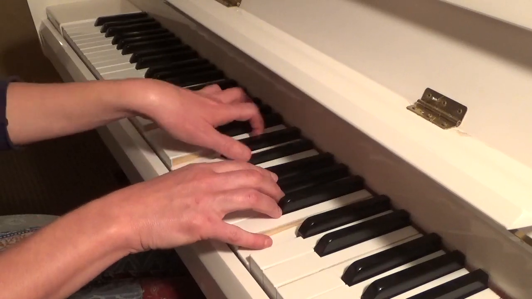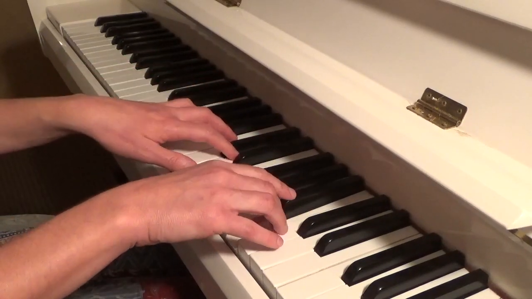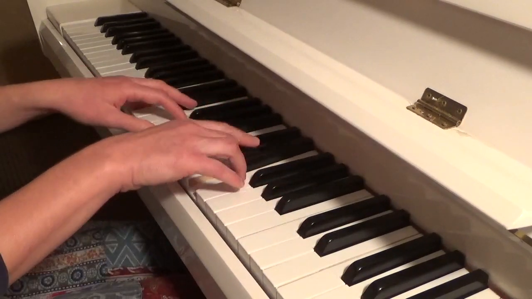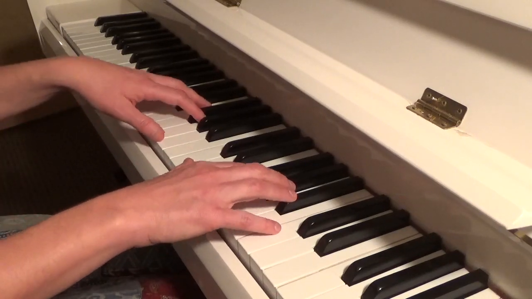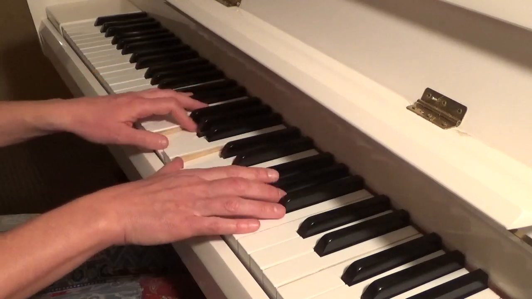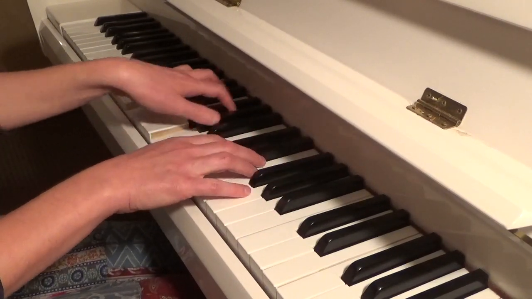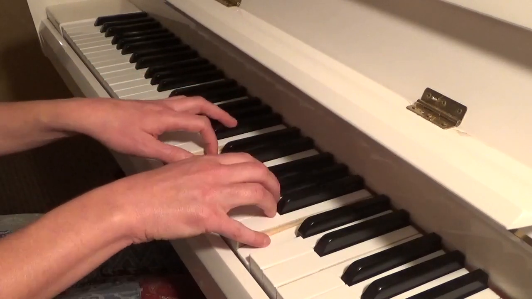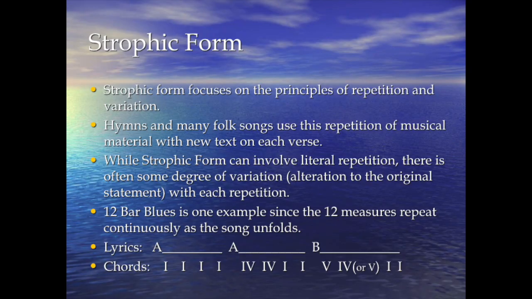And then we go up to the second verse, so that would be one strophe, one verse, and then repeating through the whole pattern with just little bits of variation here and there, but in principle, that same set of 12 bars can go over and over and over again. And in that way, it's strophic form.